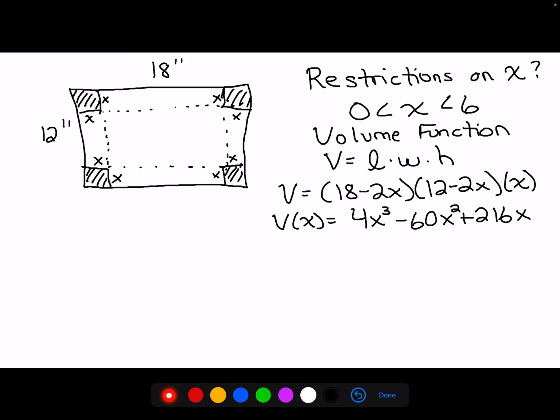All right, so then they go on and ask what value of x will give a maximum volume.